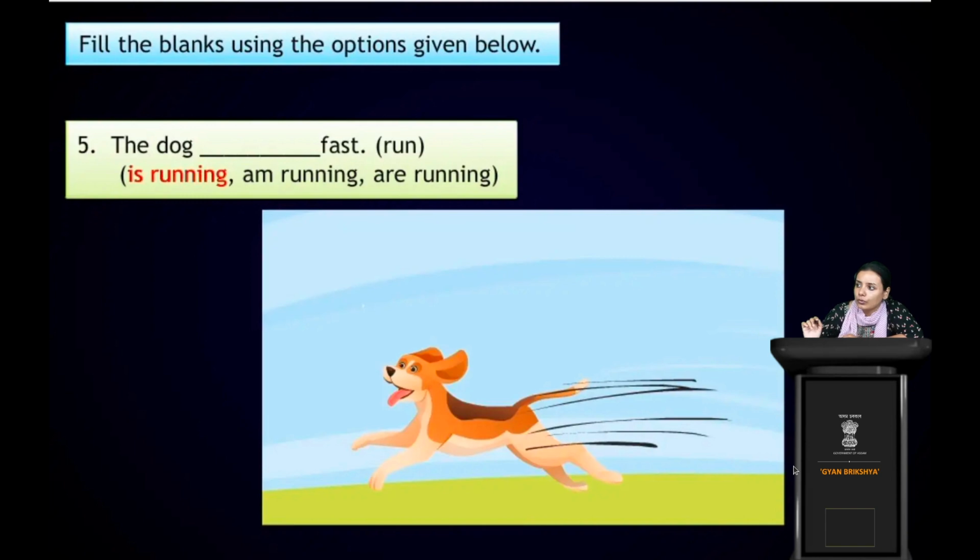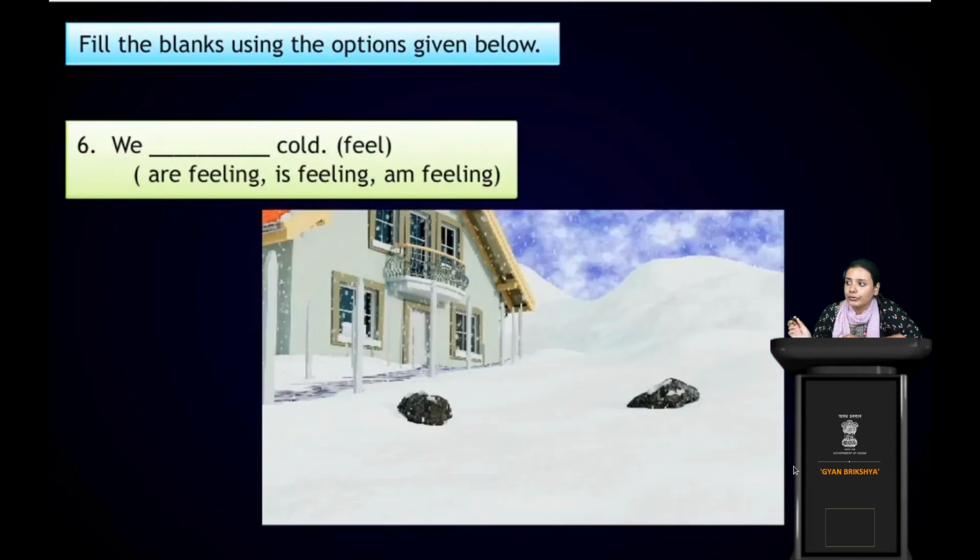Now see, we dash cold, feel: are feeling, is feeling, am feeling. This is not singular. We, they, it falls under plural form. Am cannot be the option, because it's not written I. It's written we.